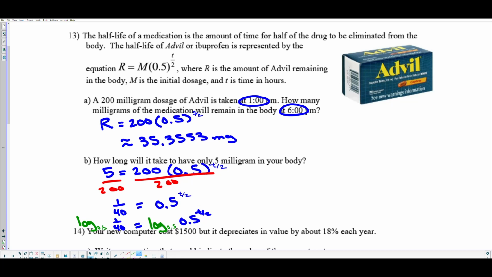By doing that, this side will cancel, and that's going to leave you T over 2 equals, and on this side, all this right here is log base 0.5 of 1 over 40, which means I'm going to have to use my calculator on that. So I'm going to go log of 1 over 40 divided by log of the base, which is 0.5.